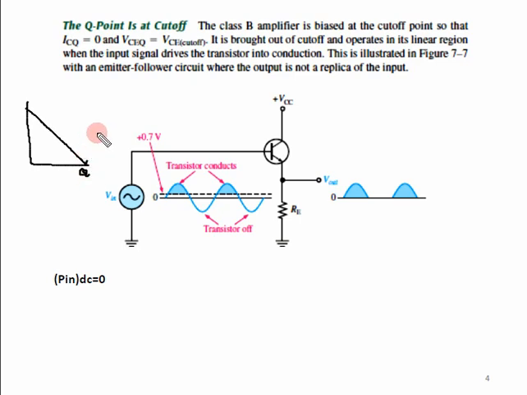Now if I compare this class B amplifier with a class A amplifier, there was a biasing resistor at the base. There was R1 and R2 present at the base, so the Q point was somewhere in the middle.